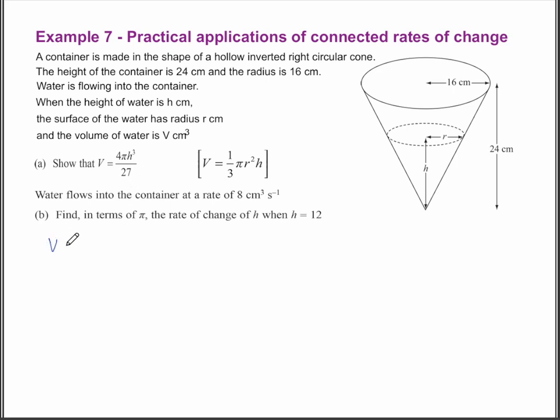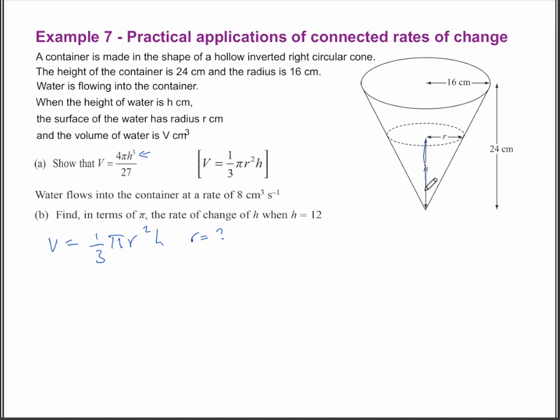So we want to find the volume of the water, which is going to be given by 1 over 3 pi r squared h, but we want it in terms of h. Therefore, we need to have a different way of representing r. The way we're going to get this is using similarity, where we can introduce two triangles.